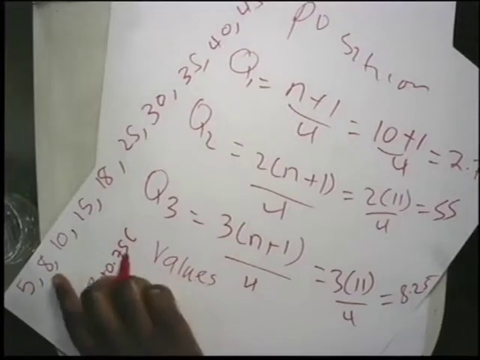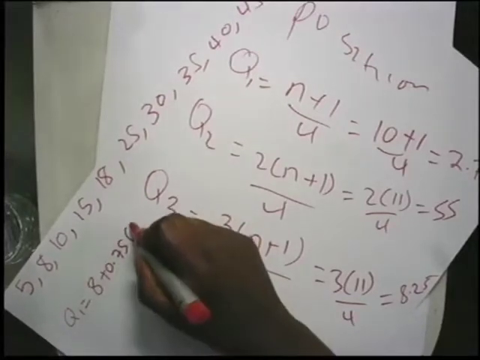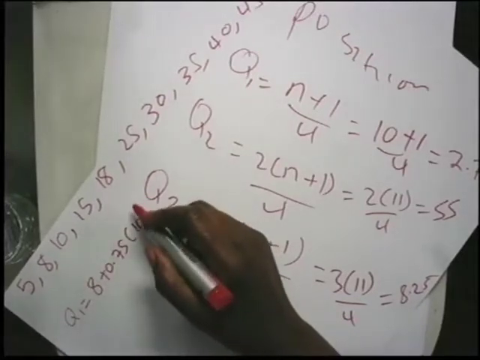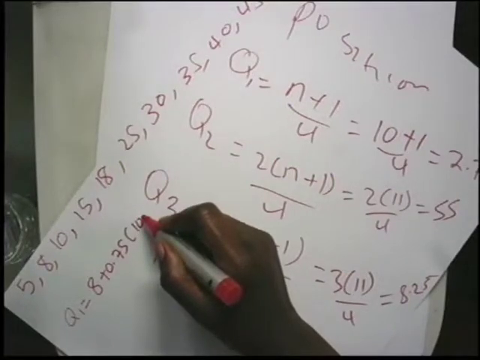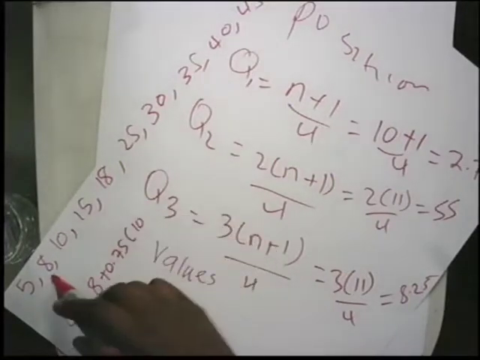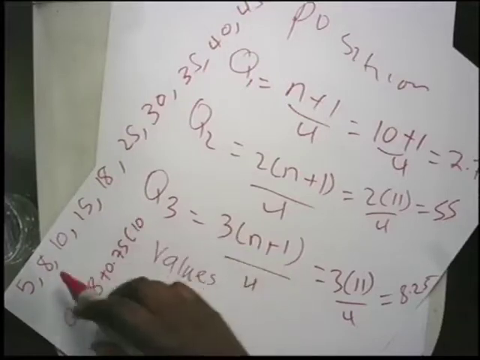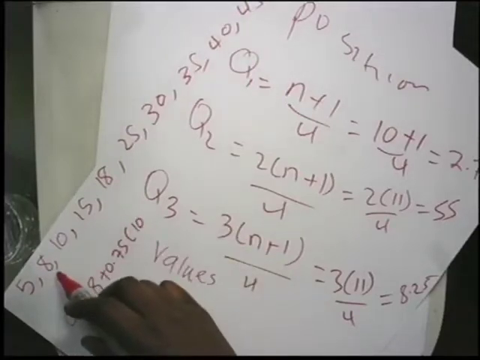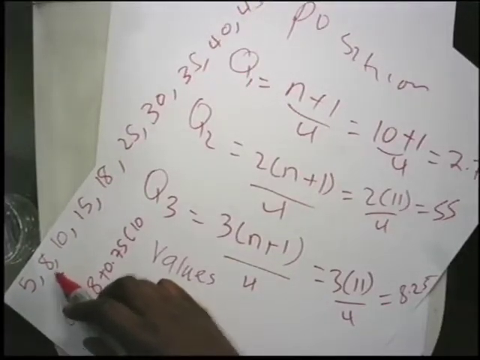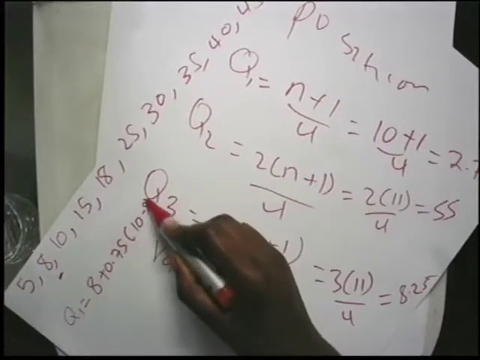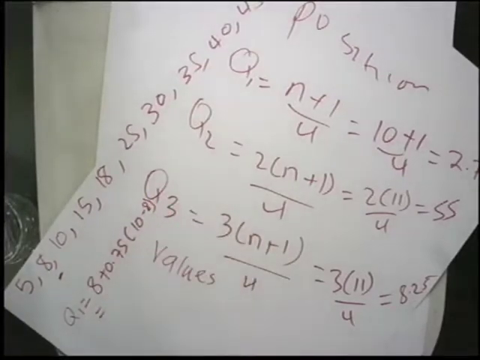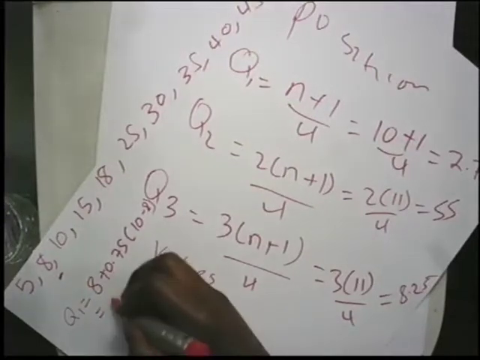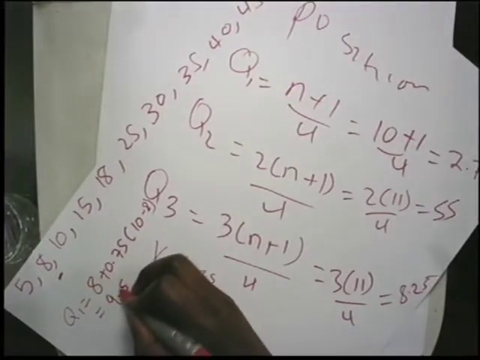We take the value after 8, which is 10, minus the value on the second position, we minus 8. That's how we find it. So we will have 10 minus 8, which is 2, multiplied by 0.75, and then we add to 8. Then our quartile 1 value is 9.5.